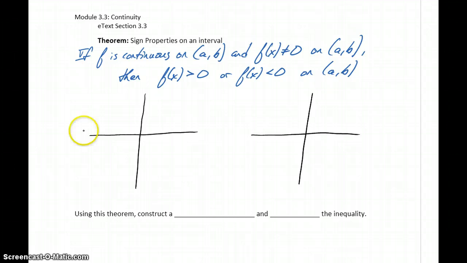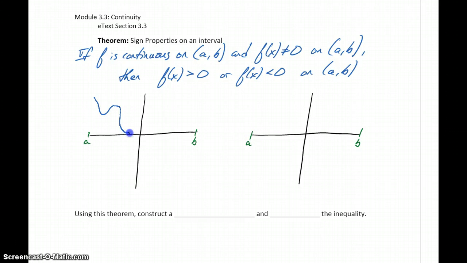If we choose some interval from a to b on each of these graphs, in our first graph, let's assume that our function is continuous on this interval from a to b. Our function value can never equal 0, and our function starts somewhere above the x-axis. In that case, our function can do whatever it wants, change directions, head up and down.